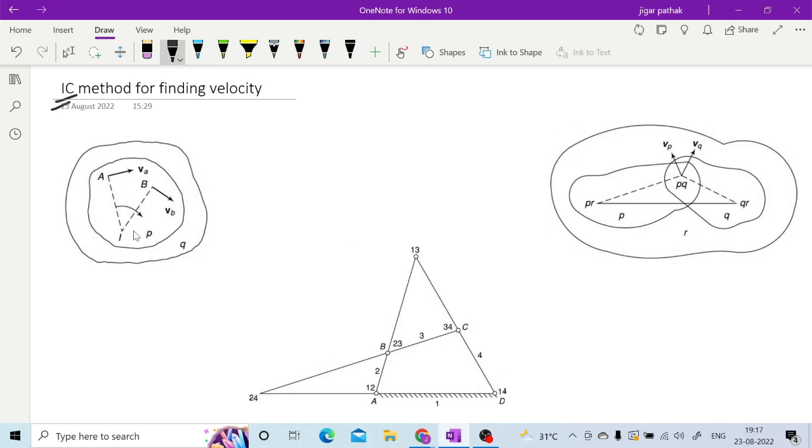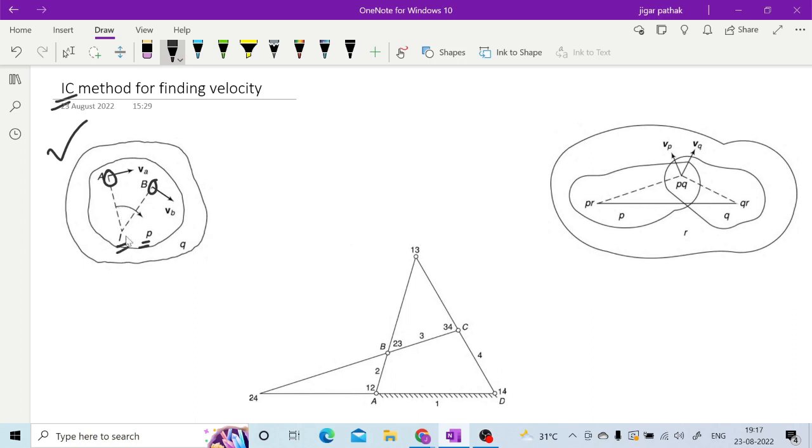In this given figure you have a body P which has rotational motion with respect to body Q, right? In that rigid body P you have two points A and B. These points have a rotating motion around a fixed point I, that is known as the instantaneous center.